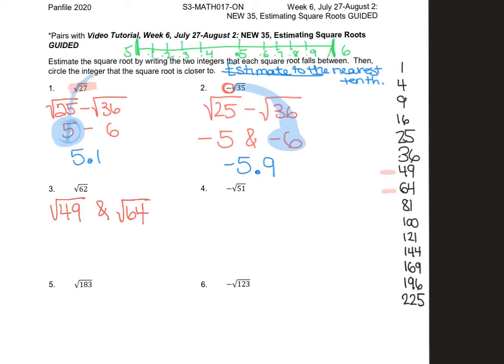That means it's between 7 and 8. 62 is much closer to the 64, which makes it closer to the 8, but it's not at 8 yet. So you know that your number has to be 7 point something. But because it's closer to 8, and it's really close to 8, 62 and 64, maybe it's 7.8.